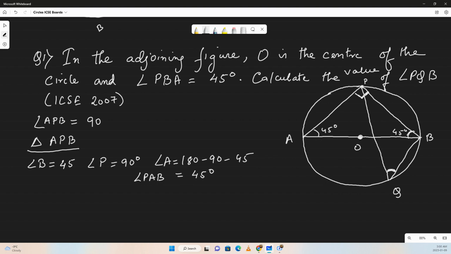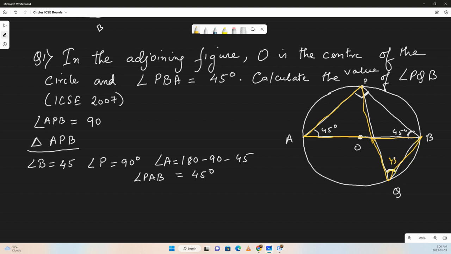So now let's look at the chord PB or the arc PB, right? So arc PB, let me draw it in a different color. This subtends an angle of 45 at A. So the same arc will also subtend the same angle at any other point on the circle. So you can see that PB also subtends an angle at Q. So those angles must be equal.